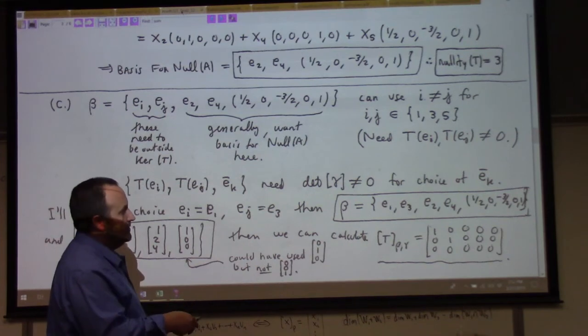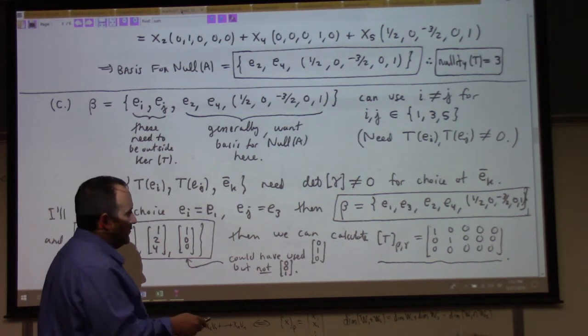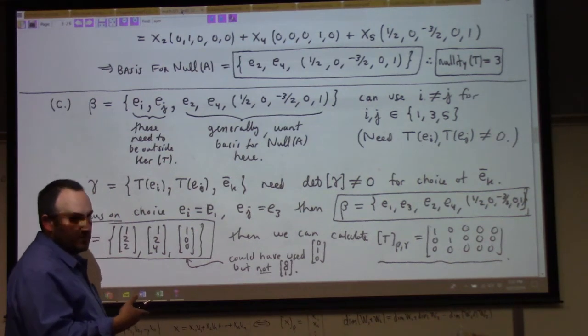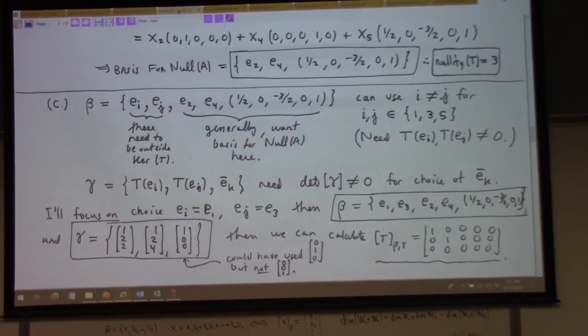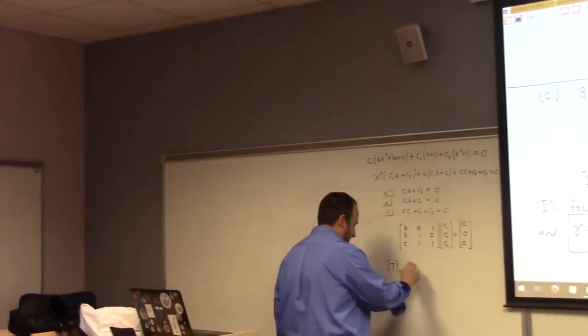Okay? And then whatever I put at the start, it has to map to something non-zero. If it maps to 0, we're in trouble because then we can't take 0 and turn it into a coordinate vector which is non-zero. So what's informing everything I'm doing here is the matrix of T beta gamma, what's it look like?